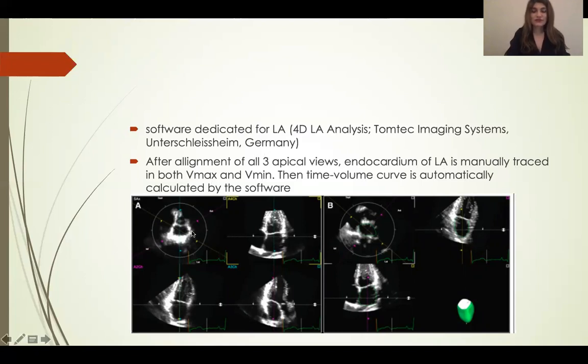After alignment of the apical views, the left atrial endocardial borders are traced, both at the maximum volume and at the minimum volume, and then the software automatically calculates the volume.